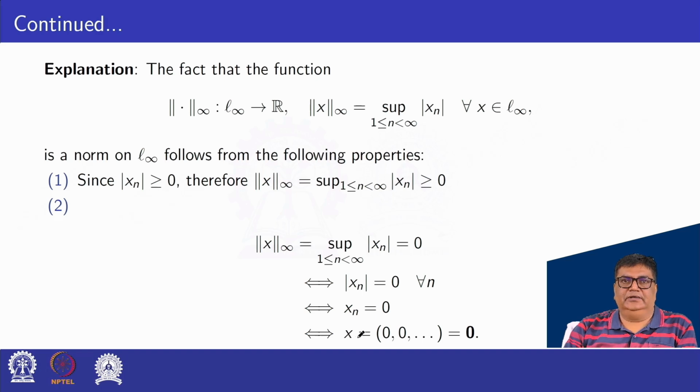That is x is equal to 0, 0 and so on up to infinity, that is 0. So norm x is equal to 0 if and only if x is equal to 0.